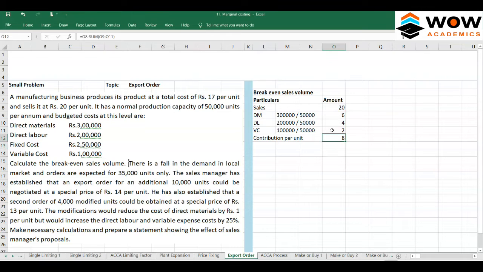So contribution per unit is 8. And thereafter we require to find out the break-even sales volume. So the formula would be fixed cost divided by contribution per unit, so fixed cost is 2,50,000.